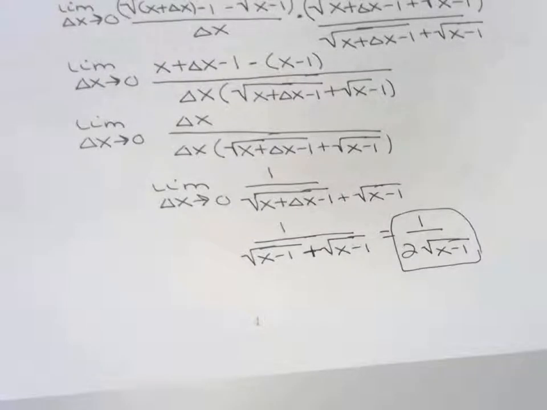Questions on that? We don't plug anything in because it's all just f prime of x, not f prime of 1 or 2 or whatever. So you plug in 0 for the delta x. Correct, because it's a limit. Okay, any other questions on that?